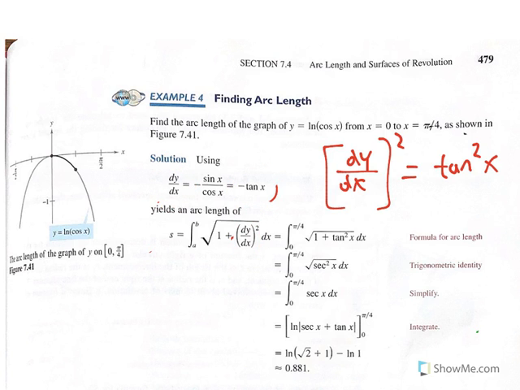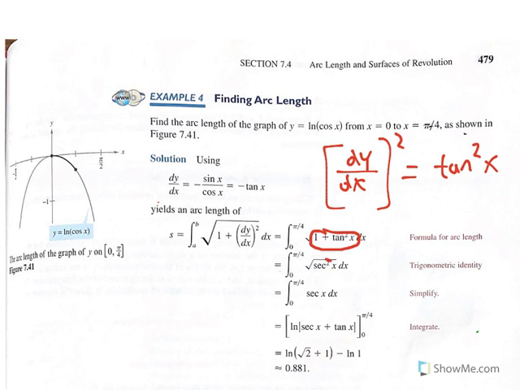And that's what you see here. When you substitute that into the integration formula, you see that right there. So you have the square root of 1 plus tangent squared x dx on the interval from 0 to pi over 4. And how do you proceed from there?